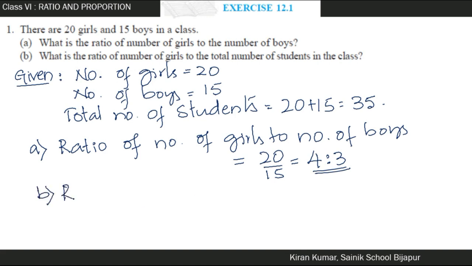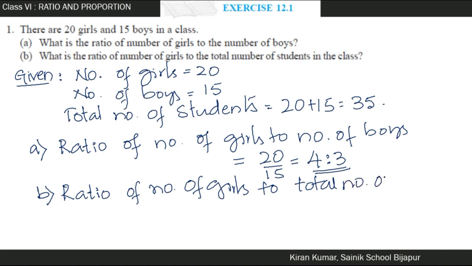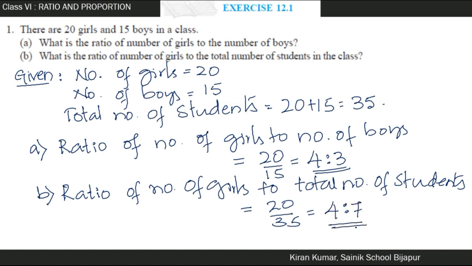In the second, we have to find the ratio of the number of girls to the total number of students. This will be equal to 20 upon 35: 5 fours and 5 sevens. So we get the ratio as 4:7.